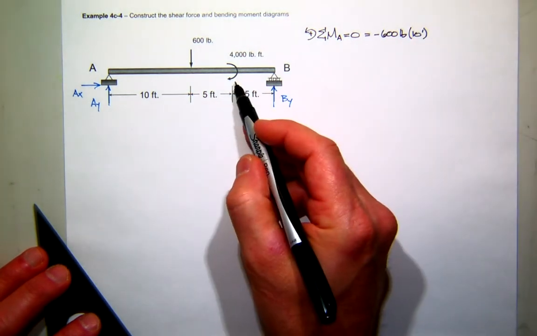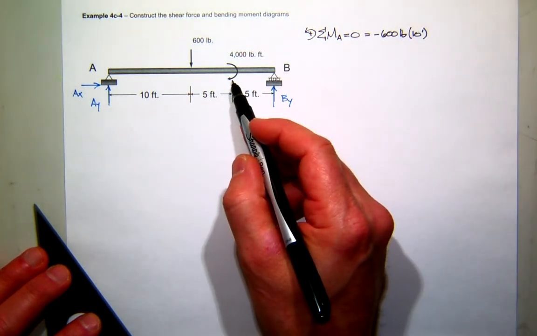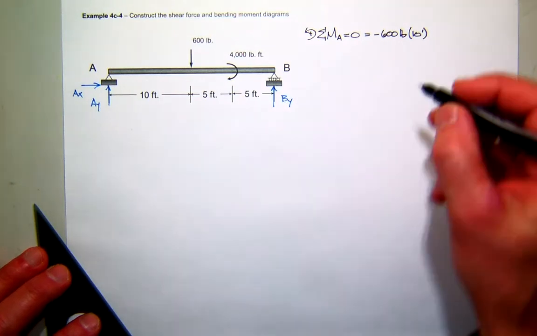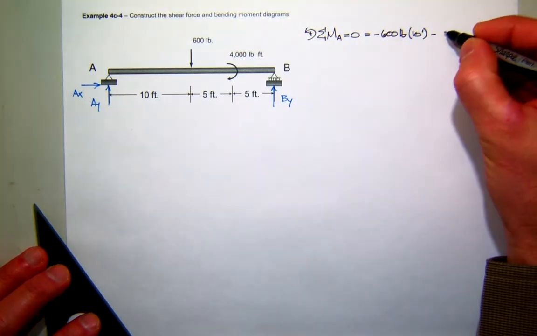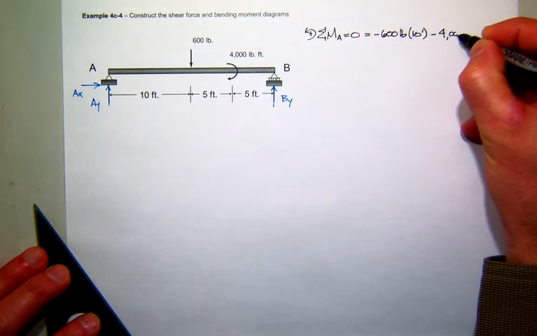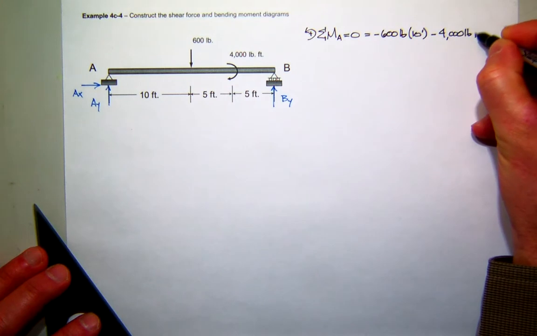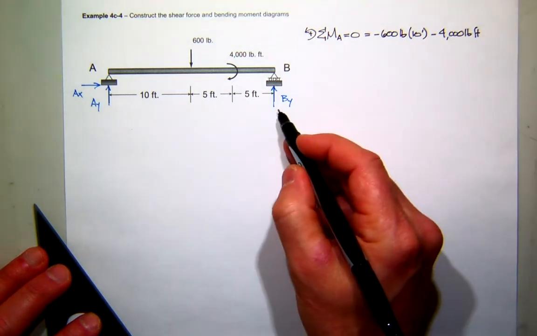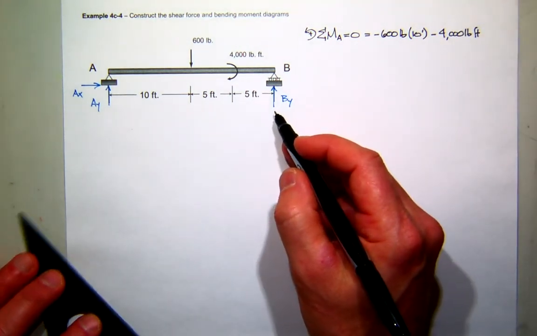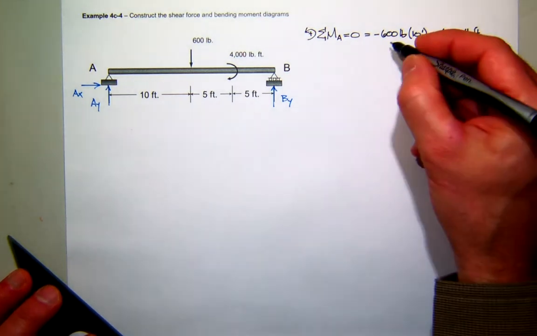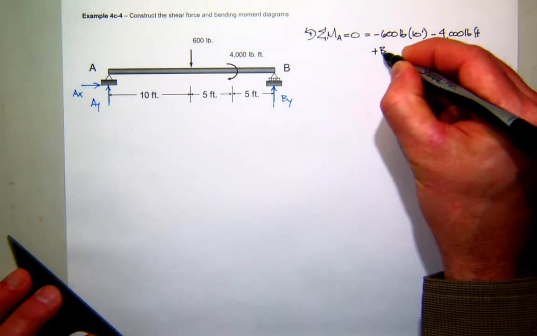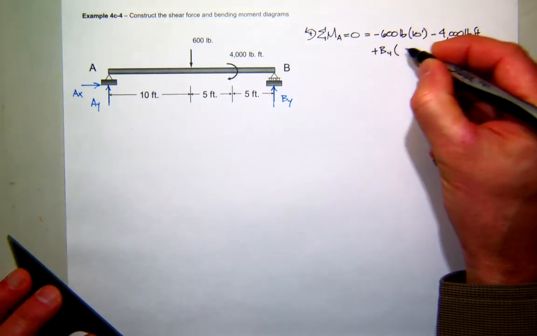I've got this applied moment. Is it positive or negative? Also negative. And that's 4,000 pound-feet. And then I'll have my reaction By, and what kind of moment is it creating about A? Positive. And it has a moment arm of 20.